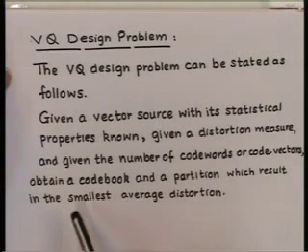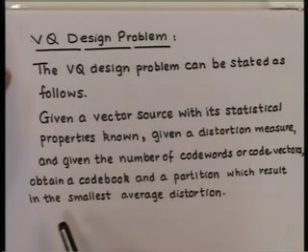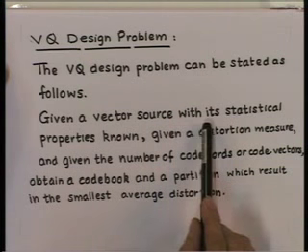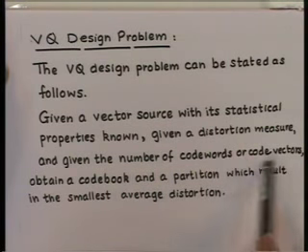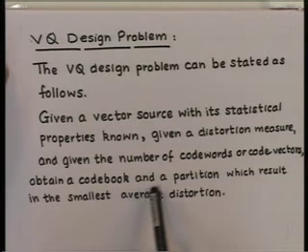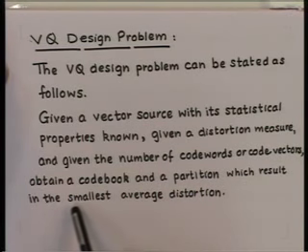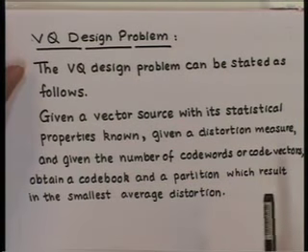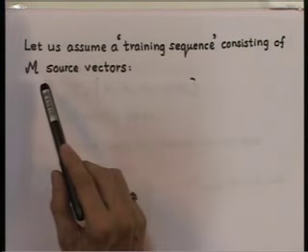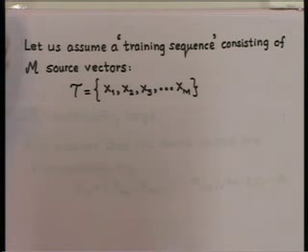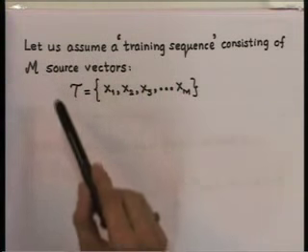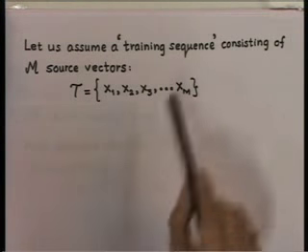The vector quantization design problem can be stated as follows: given a vector source with its statistical properties known, given a distortion measure, and given the number of code words or code vectors, obtain a codebook and a partition which result in the smallest average distortion. So, let us assume a training sequence consisting of M source vectors as follows. Now, this training sequence can be obtained from some large database.